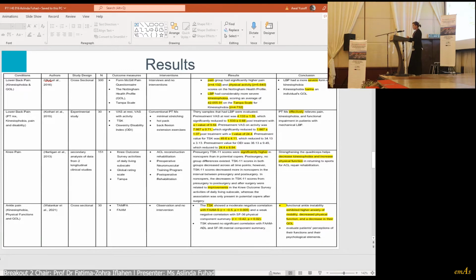For knee pain, strengthening the quadriceps helps decrease kinesiophobia and increase physical functions in returning to sports after ACL repair rehabilitation. For ankle pain, they conclude that functional ankle instability exhibited higher anxiety of mobility, decreased physical functions, and a decrease in quality of life. Therefore, they evaluate patients' perceptions of their functions and their psychological elements.